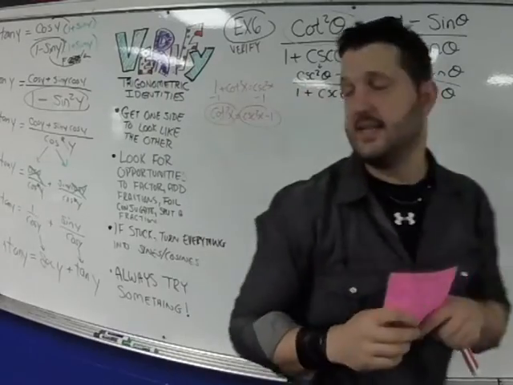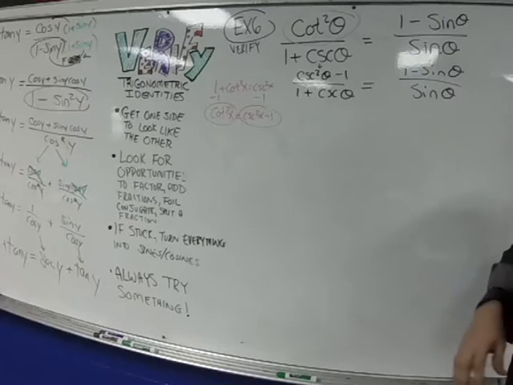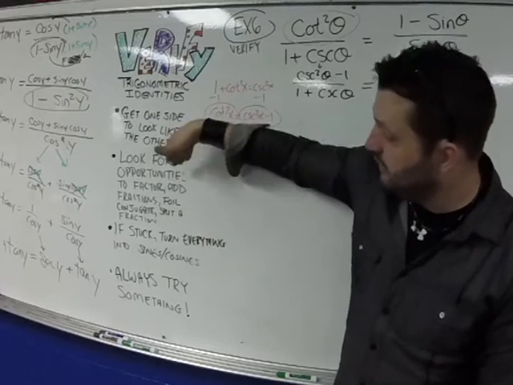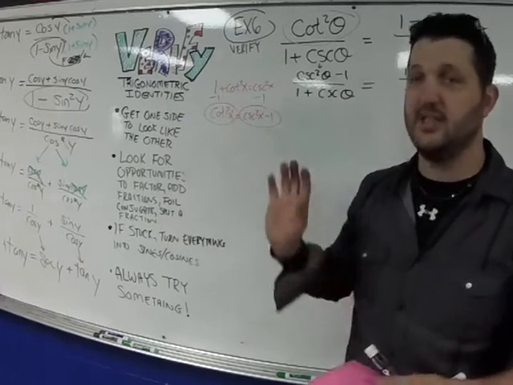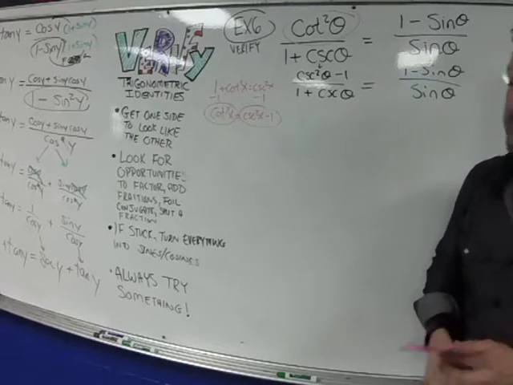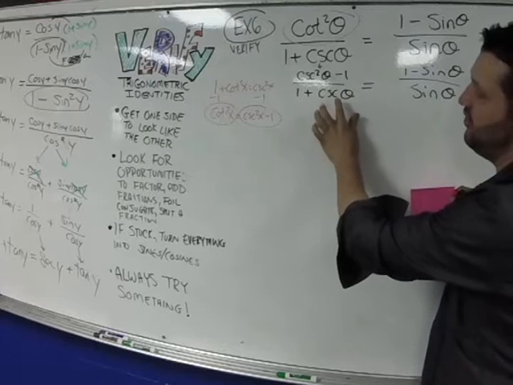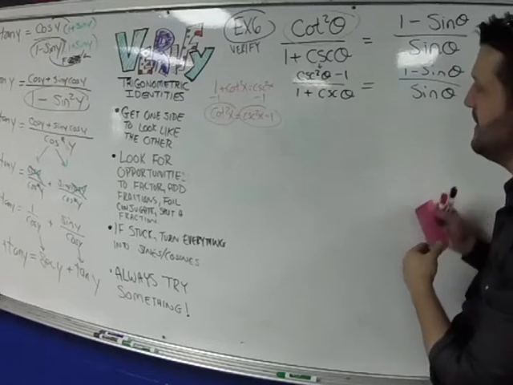And now this is one of the first times we can use one of these things I've said here: look for opportunities to factor, add fractions, FOIL, conjugate, split a fraction. You might not know where to go from here, because you have cosecant squared minus 1 and 1 plus cosecant. Because of these plus signs, this won't cross off with that. That's not how it works.